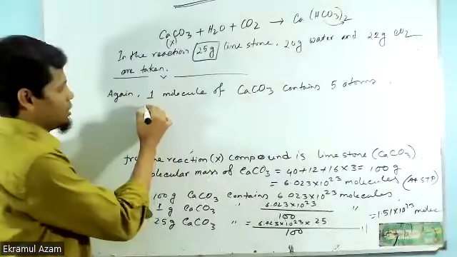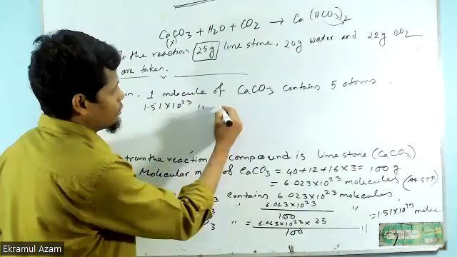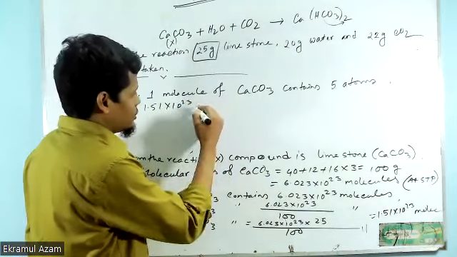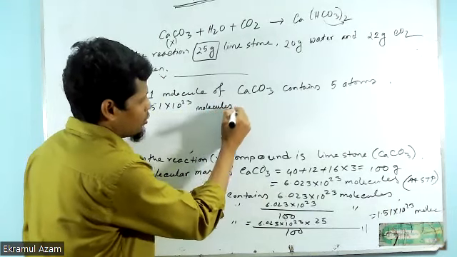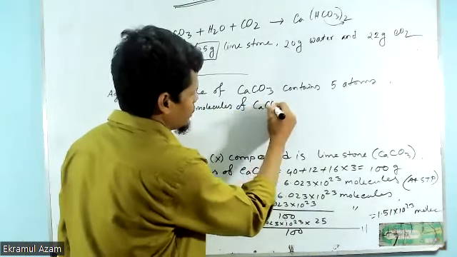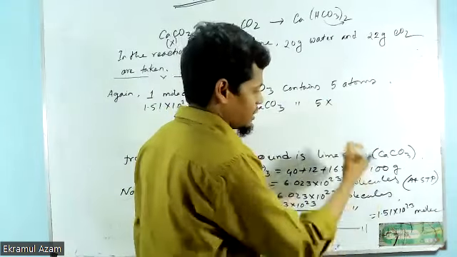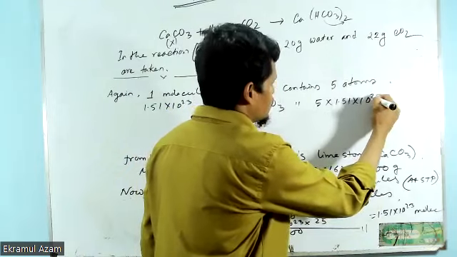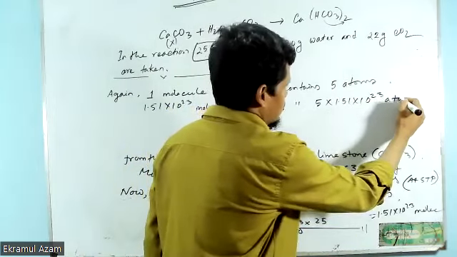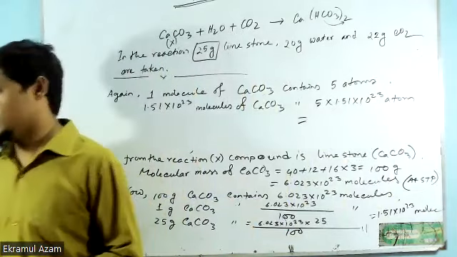So you have to write here 1.51 into 10 to the power 23 molecules of calcium carbonate contain 5 into the result. That means 1.51 into 10 to the power 23 atoms. So it will be the answer for that question.